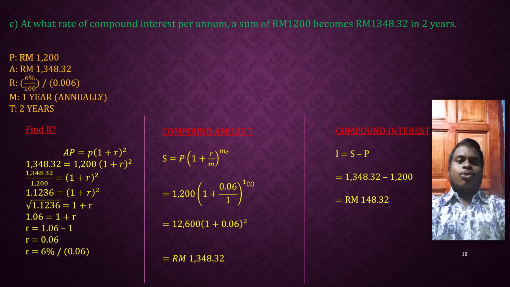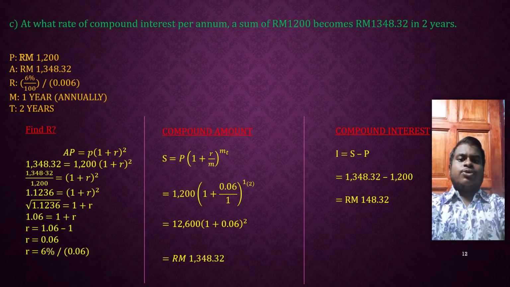Taking the square root of both sides, 1.06 equals 1 plus R, which means R equals 0.06 or 6%.